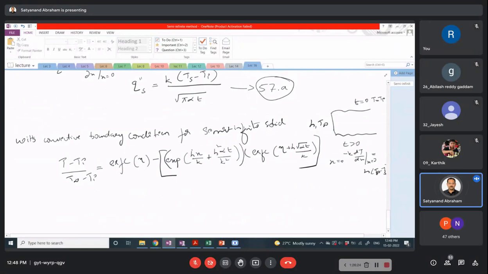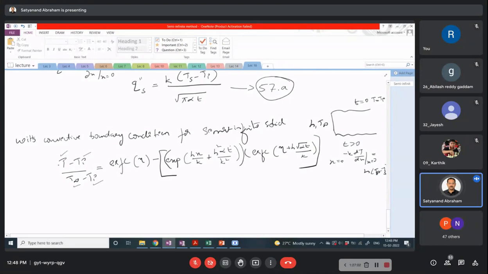And we know what h is. For a particular time, say 10 seconds, we keep t constant at 10 seconds, and the only unknown now is x, which we can vary. All the terms are known, so you can calculate; Ti we know, T infinity we know, so the only unknown is T. Based on this equation, you can calculate the variation of T for a particular time with respect to x.